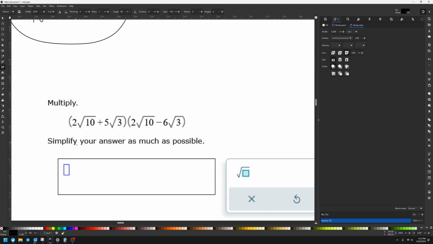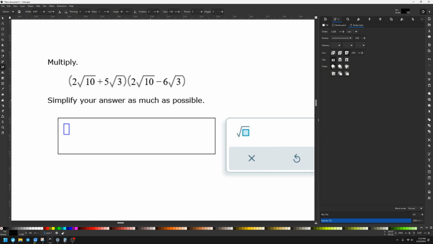Okay, next one. Multiply. Simplify your answer as much as possible. Okay, let's use FOIL, since this is a binomial times a binomial. So we're going to take the product of the first terms, the outer terms, the inner terms, and the last terms.